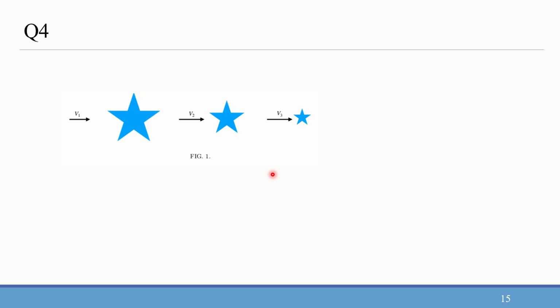Now we have one more problem. Consider the figure given below and comment on its similarity. So we have a figure and we are given 3 star shaped particles, and we have to comment on its similarity. So we are given V1, V2, V3.